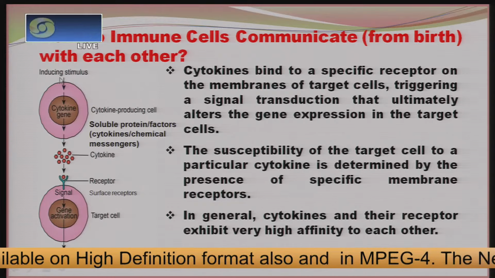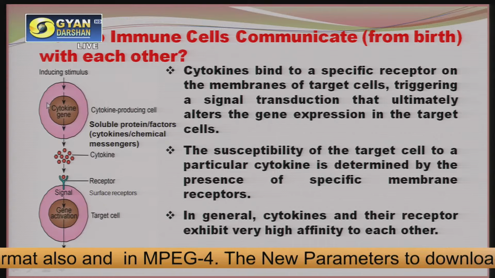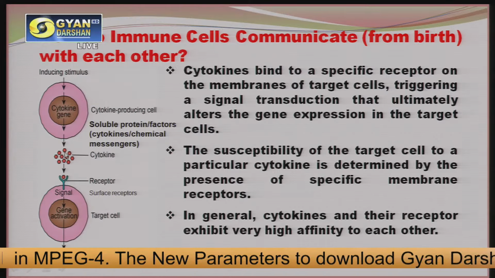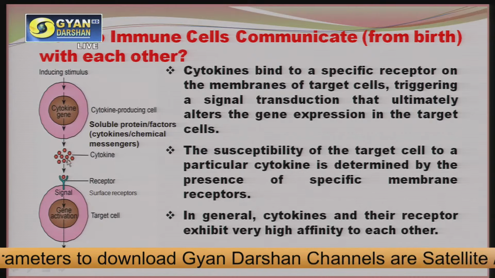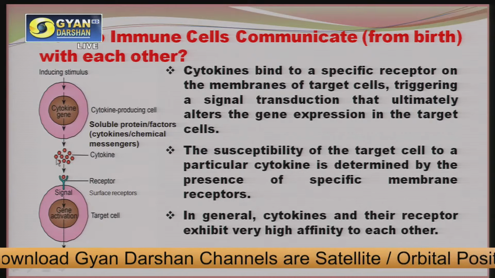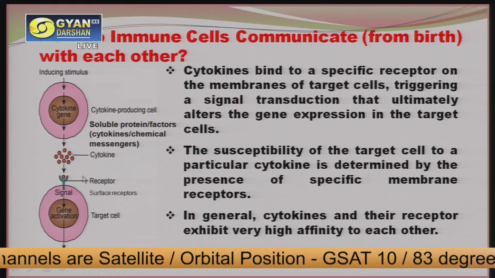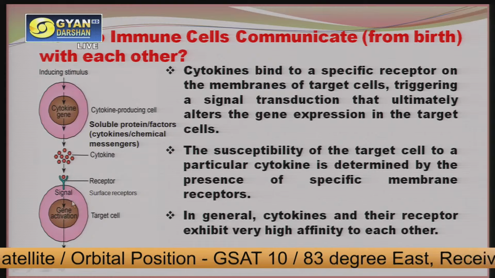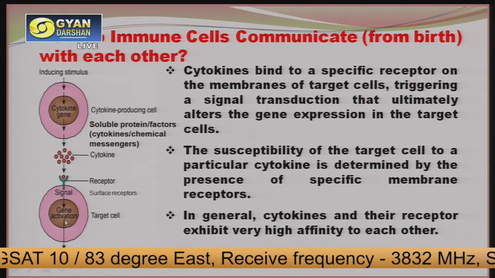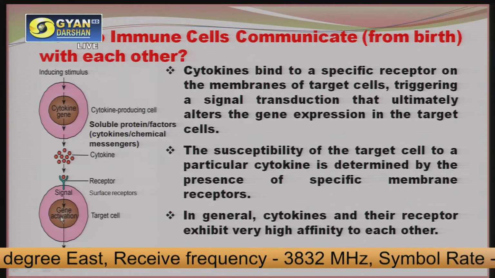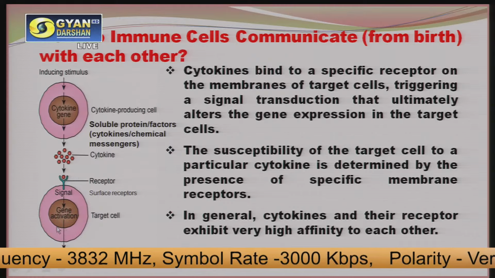There are inducing signals. They can produce the cytokine. You can see the cytokines in red color. These are the receptors, and cytokines are able to bind to these receptors. Ultimately, signal transduction gives the signal to the cell, and they can modulate the function of the cells.